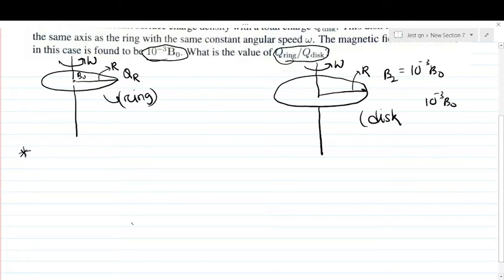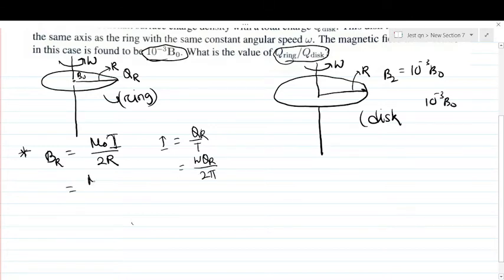As you know, from the basics, the magnetic field due to a rotating ring carrying charge will be mu naught I by 2r. Okay. And here charge density is a constant, so I is equal to q by T, and T equal to 2 pi by omega, so I is omega Q ring divided by 2 pi.